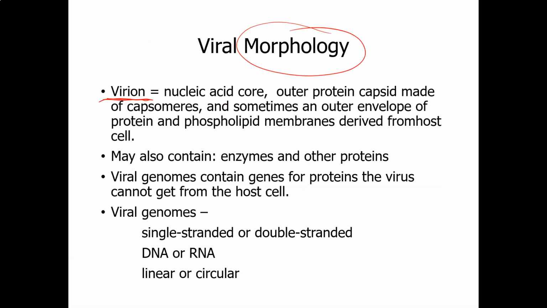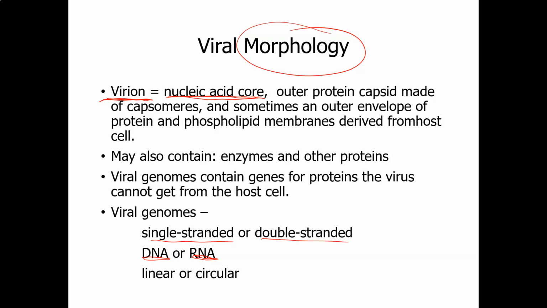So one virion always has a nucleic acid core, and that nucleic acid can be DNA or it can be RNA, and it can be single-stranded or double-stranded. And the chromosome itself can be linear, like human chromosomes, or circular, like bacterial chromosomes. But here's what's different about the nucleic acid core.